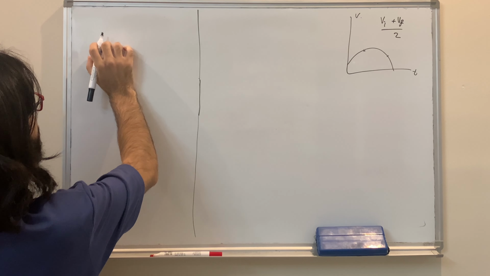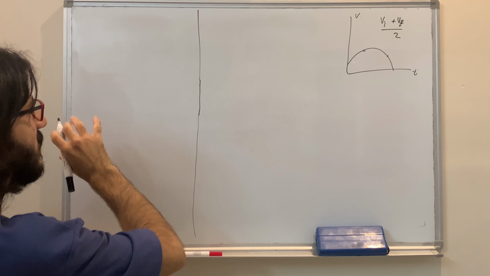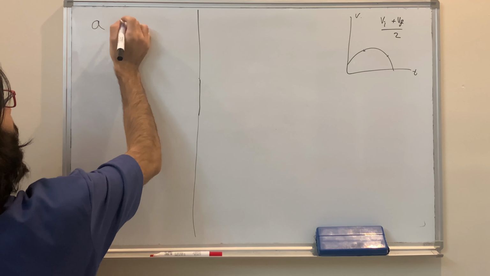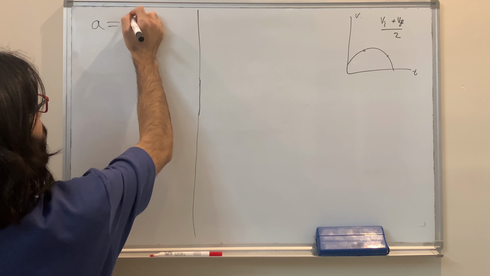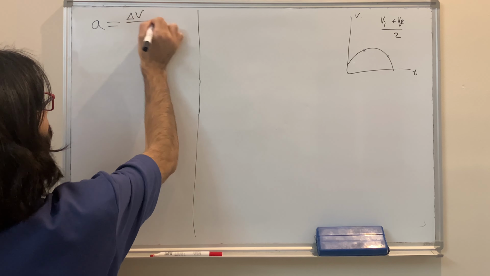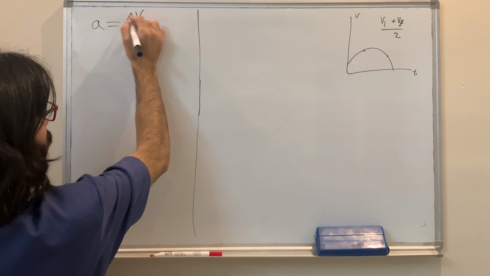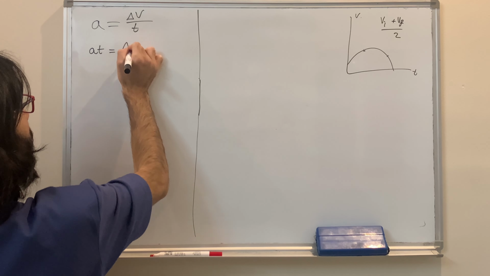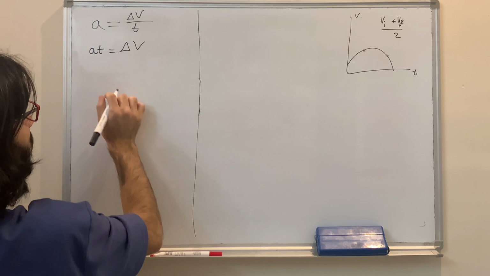Okay, so starting off with the first one, it's very easy. You just write the formula for acceleration, which is just delta v over time. You solve for delta v, which gives you at equals delta v, and then you expand the delta v.